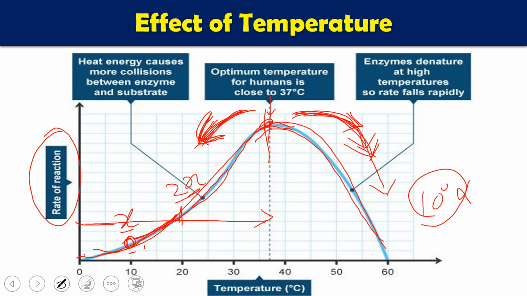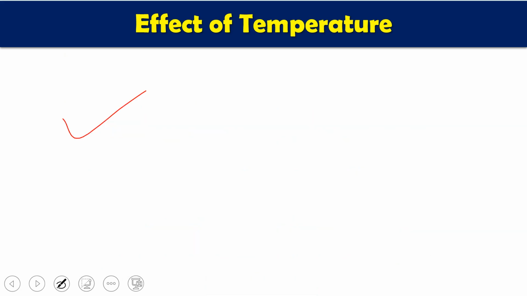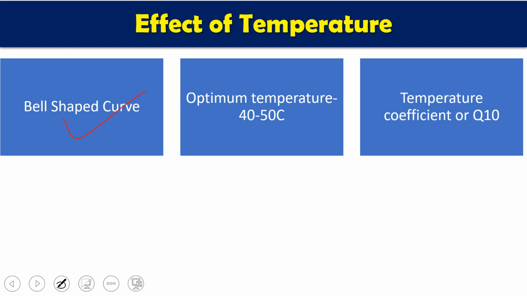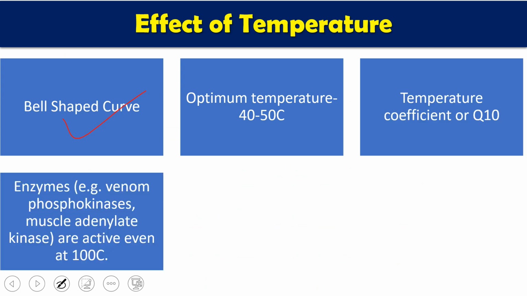So for every 10 degree rise up to the optimum temperature, whatever the increase in activity, that is called Q10, or temperature coefficient.